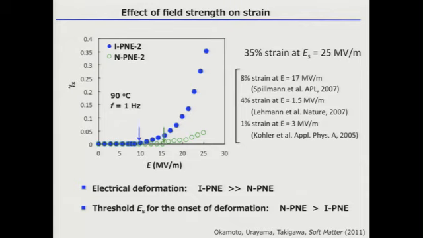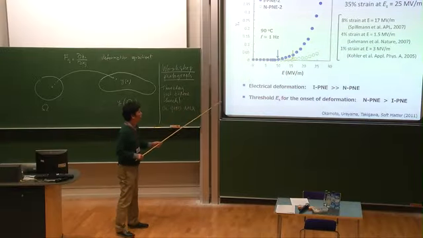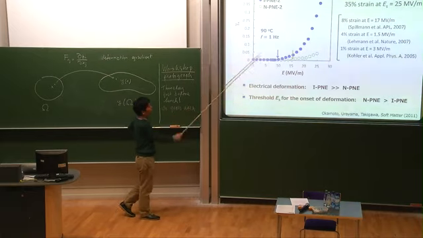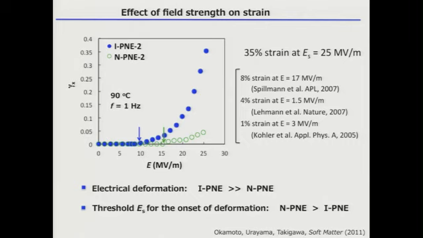At maximum, we observe 35% strain at that field strength. This strain is much larger than the reported values for ferroelectric liquid crystal elastomers. And an important point is that we observe a threshold for the onset of the deformations. The threshold for the nematic genesis sample is larger than that of the isotropic genesis one.